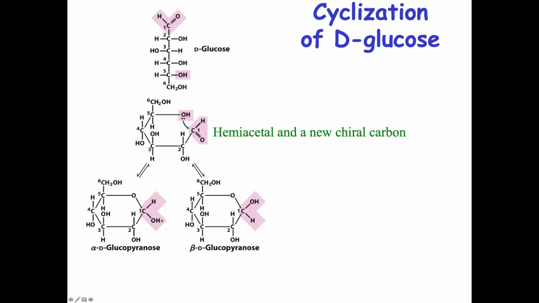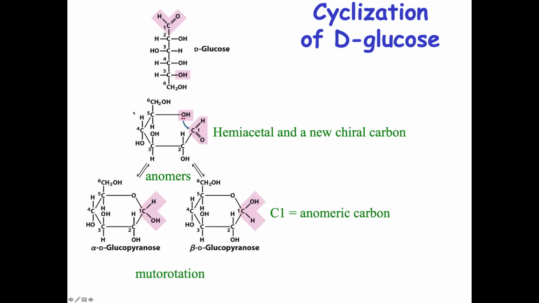With the alpha, the hydroxyl group is facing downward, and in the beta, it's facing upward. So again, the C1 is the anomeric carbon. These alpha and beta stereoisomers are anomers of each other. And this conversion between alpha and beta that goes through this linear intermediate is called mutarotation.